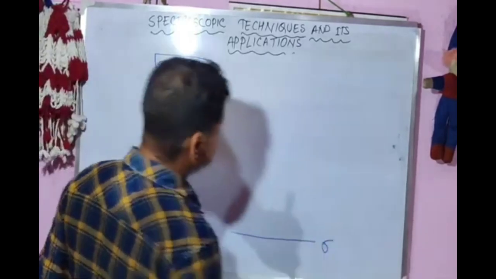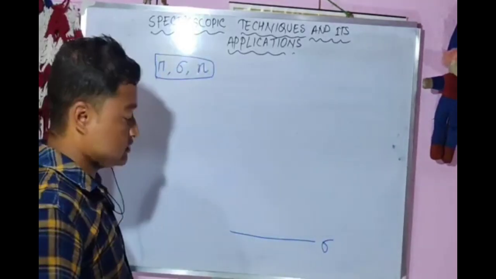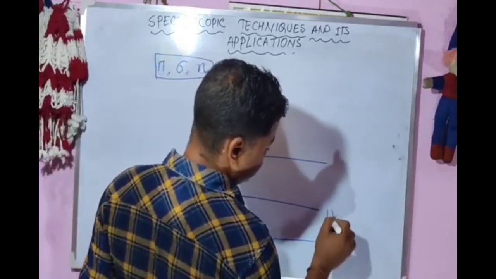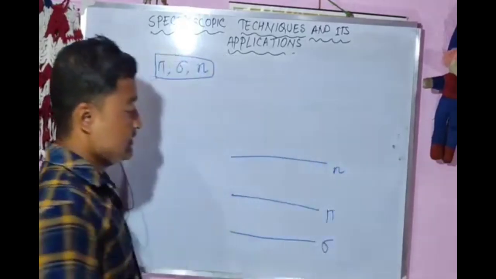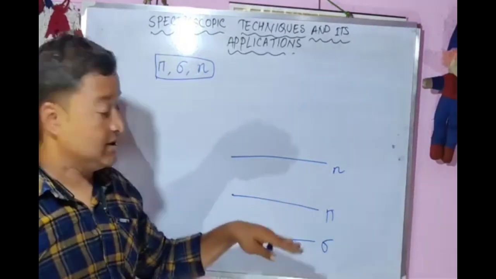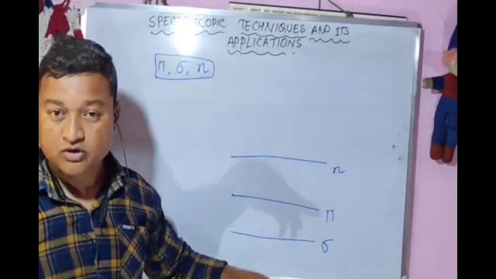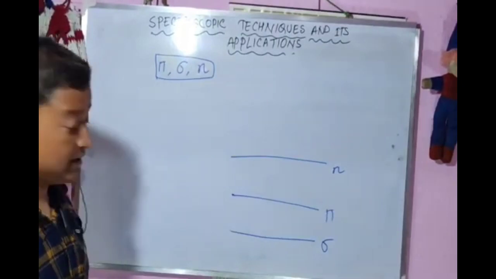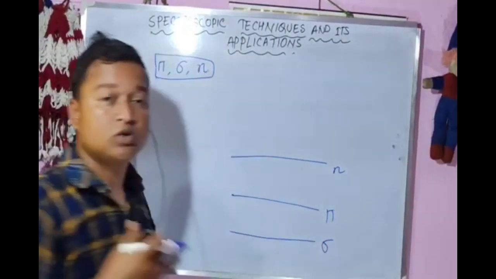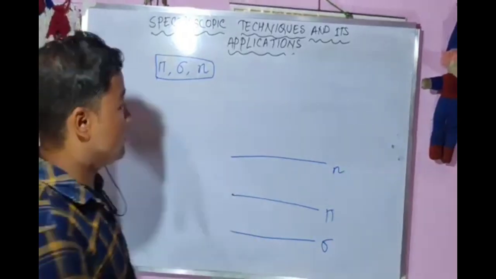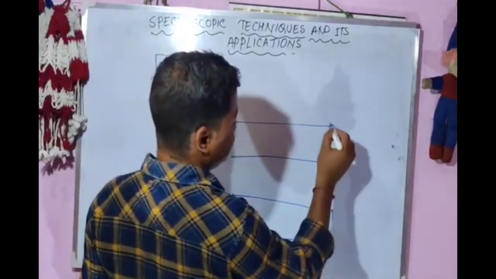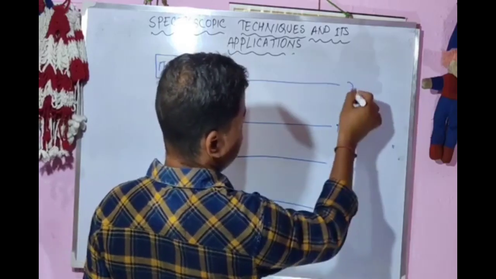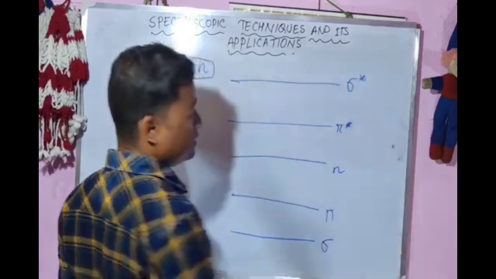Then the pi electrons, then the non-bonding electrons. These are the bonding orbitals, and anti-bonding orbitals are also present, that is pi star and sigma star.